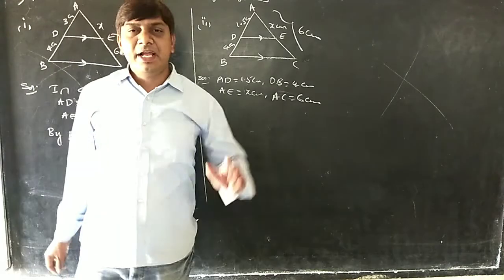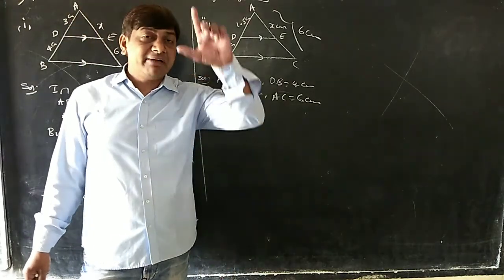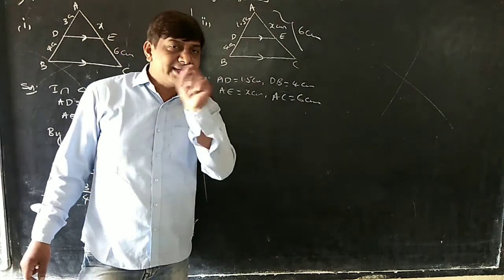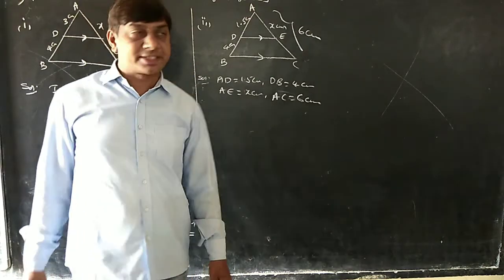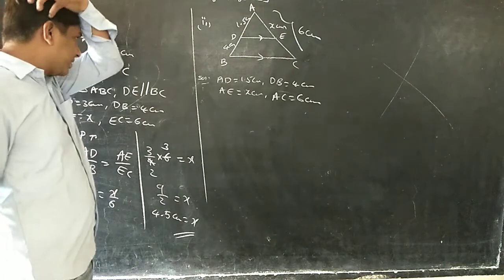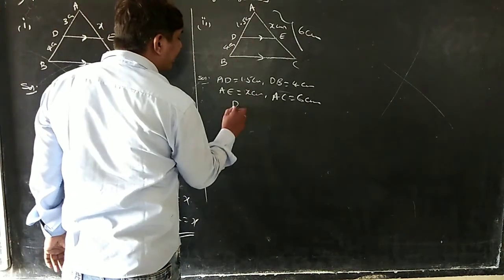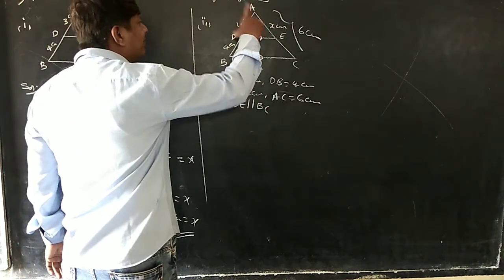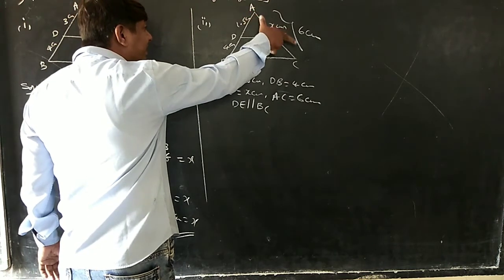Already after the basic proportionality theorem alternate proof, I gave a corollary. Some conditions I gave. I said that these are useful while solving the problem applications. So by using one of the corollaries, since DE is parallel to BC, AD by AB is equal to AE by AC.